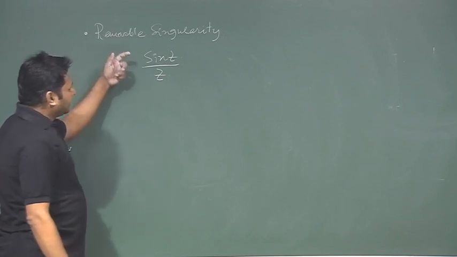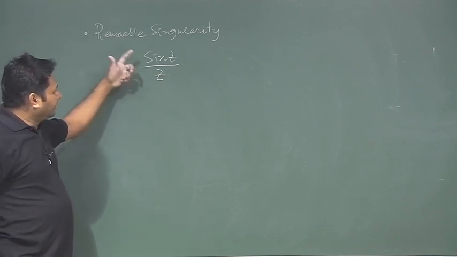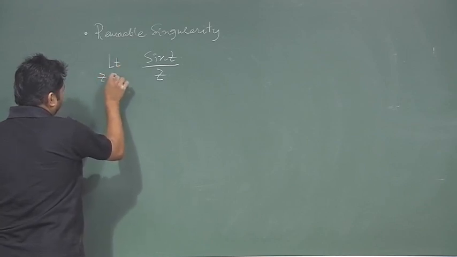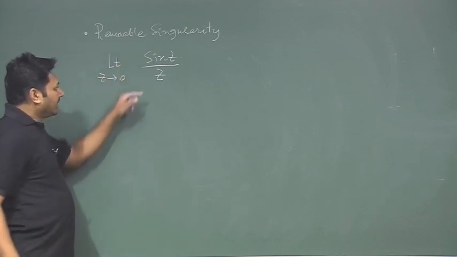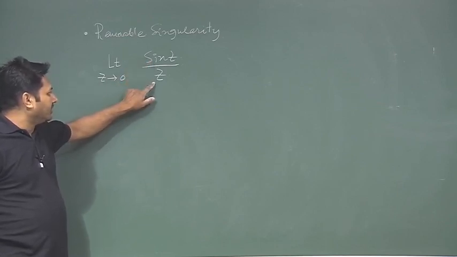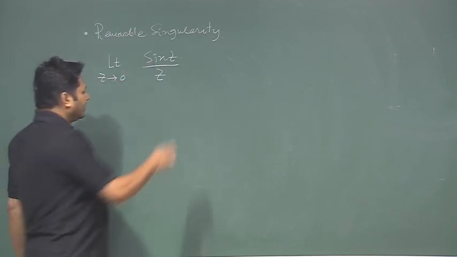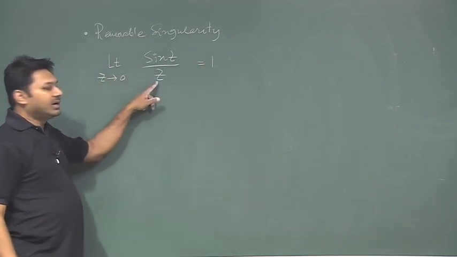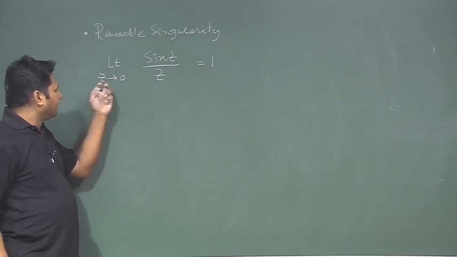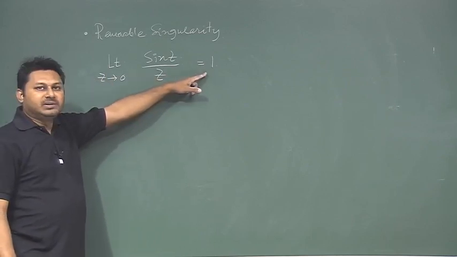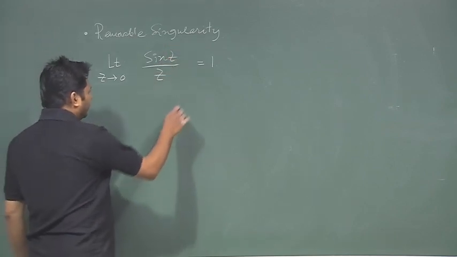What is the meaning of removable singularity? If I take limit here z tends to 0, where the function is supposed to have a singularity at z equal to 0, but if I take the limit, it will come to be 1. So, we have a singularity here at z equal to 0, but if I put the limit here, then I will remove this singularity, that is why it is called the removable singularity.